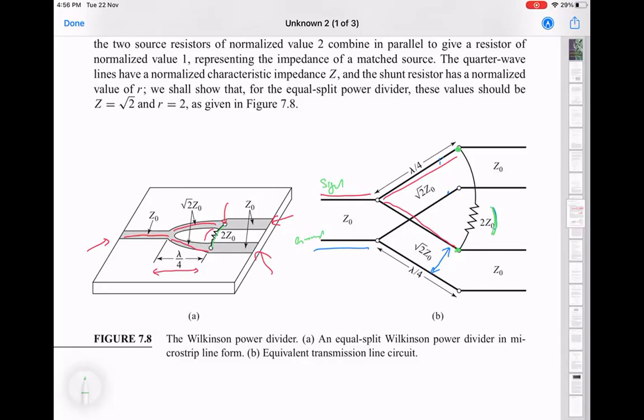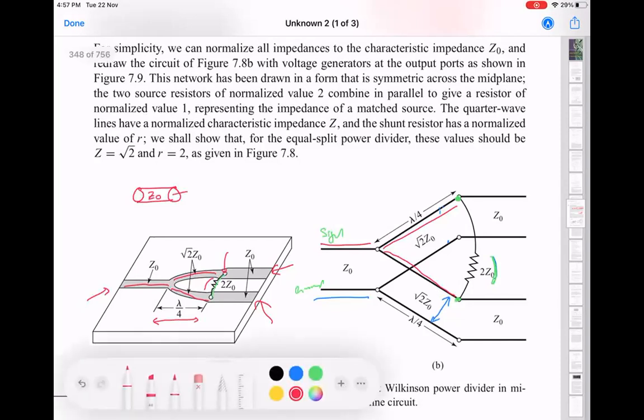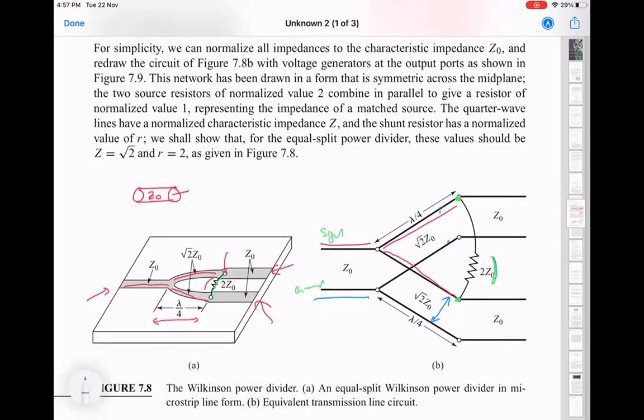Is this clear? Let me draw here in our familiar coaxial version. So this is Z0. I'm going to use colors for this. This is root 2 Z0.